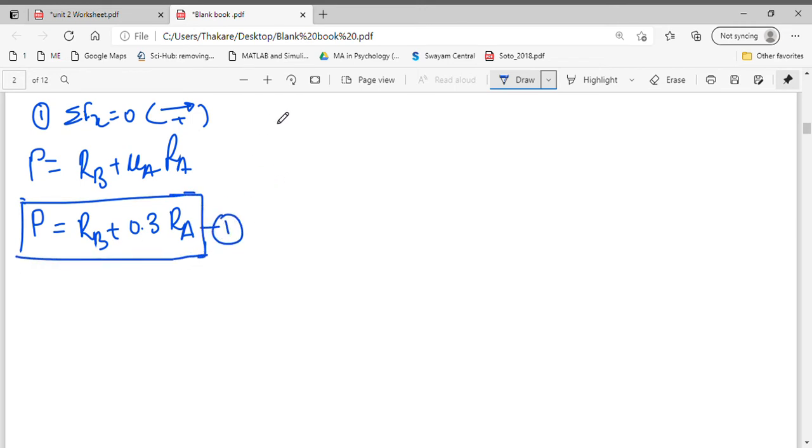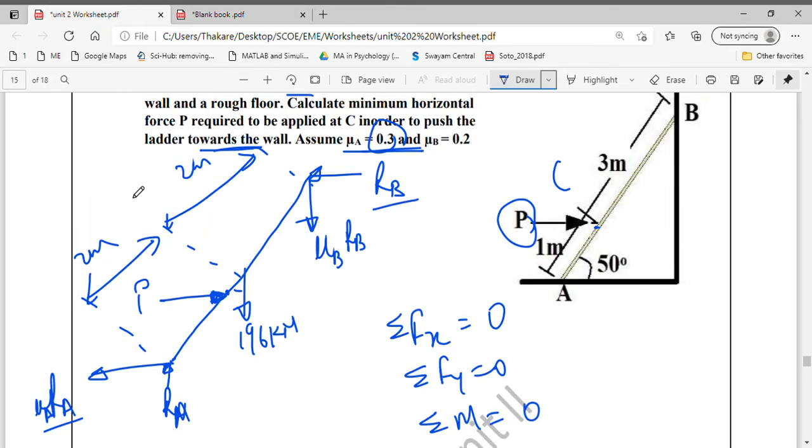You have another condition, which is summation of forces in y equals to 0, considering upward acting forces as positive. We have three forces acting in vertical direction. One is Ra, one is 196 Newton, and another is mu B into Rb. We have considered forces acting in upward direction to be positive.